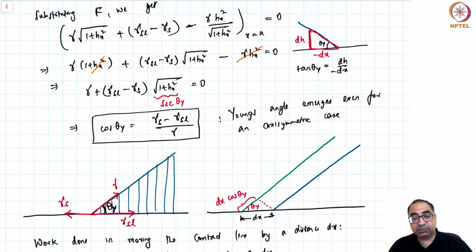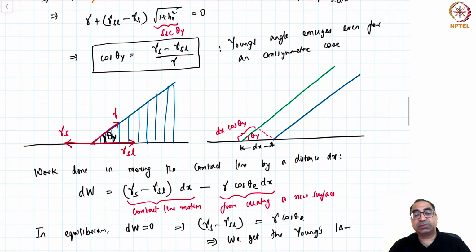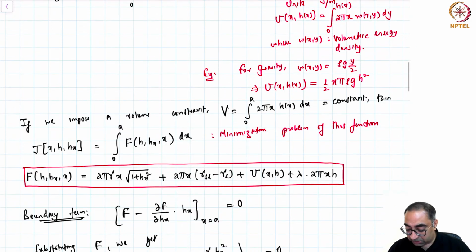Either the movement could be to the left or right, that does not really matter. And when we set this quantity dW to 0, then again Young's law emerges. This is all valid for a smooth surface where the surface energy is the same, and theta_Y is the Young's angle.